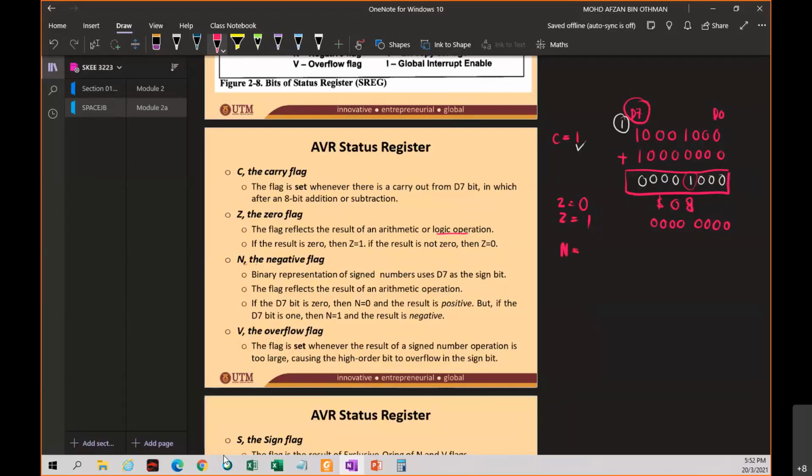So for N we look at bit number 7 here. After you do the addition or subtraction or any ALU instruction and the value here is 0, N automatically becomes 0. If bit 7 equals 1, then N equals 1. So the CPU knows, okay, this is a negative number and this is a positive number. So that is for the N flag.